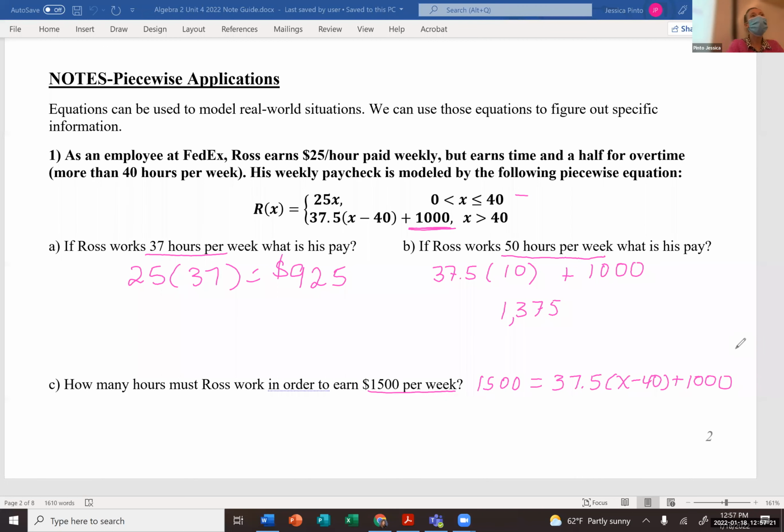All of that I would do with my calculator. Plug it in, see if you and your neighbor get the same answer. How many hours does he have to work?